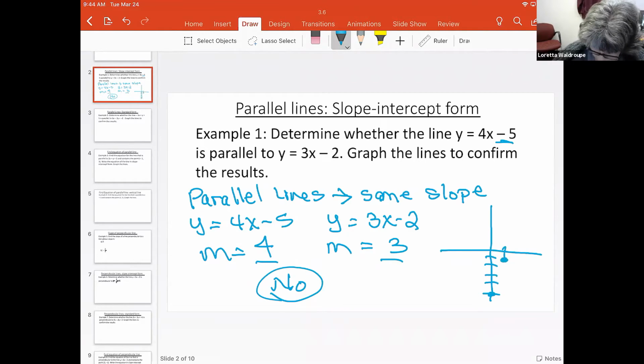If I can get this line a little straighter, okay? And then the other one goes to -2, and then it goes up 3 over 1, and I draw that line. They look almost parallel, but you can see as you go further up, they're getting closer and closer together. So they're not technically parallel, okay?